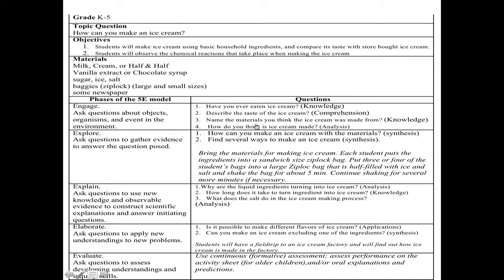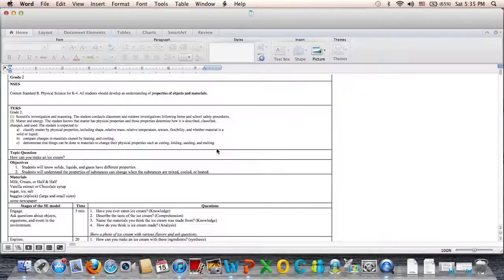So based on 5E, you need to develop and also put questions for each E step. Okay. I also put that sample lesson on Blackboard so you can find it.